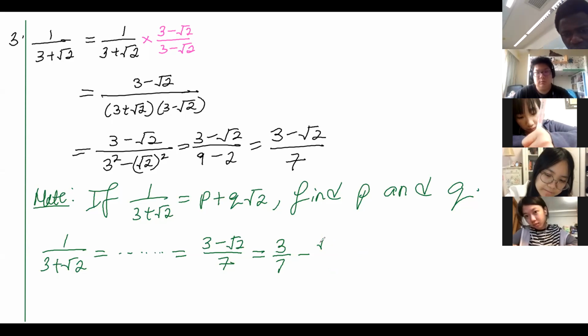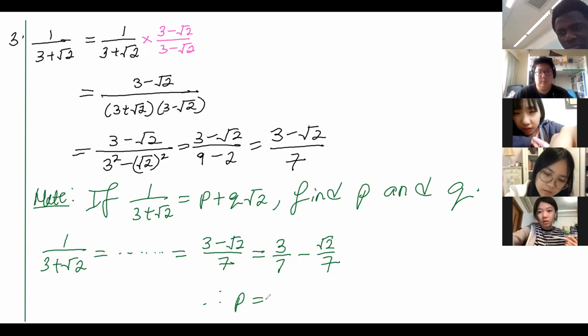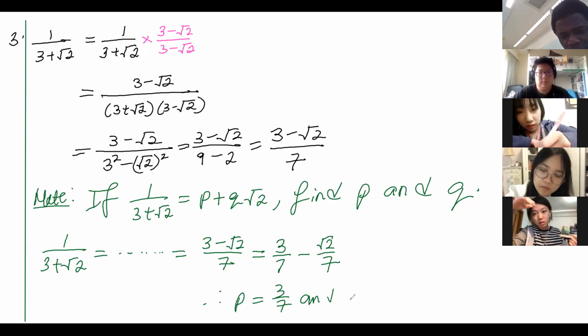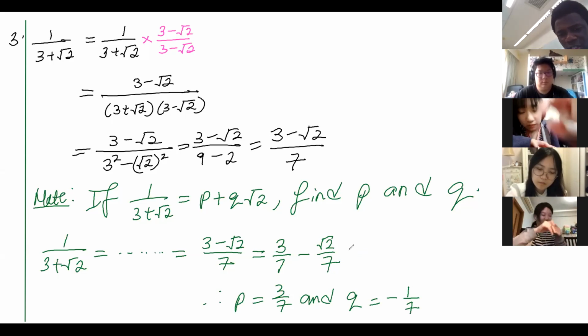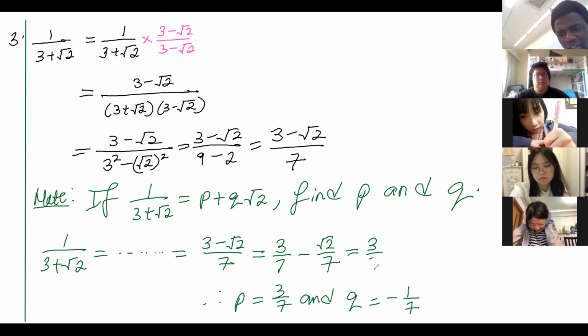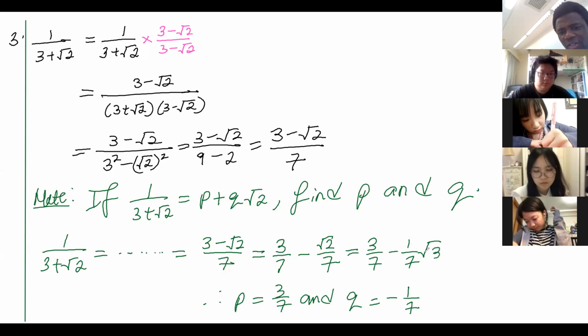What is p from here? 3 over 7. And what is q? Negative 1 over 7. Candy almost made the mistake of including root 2. This is why it's recommended to write this. Can you see that? No root 2. The last one is root 2.